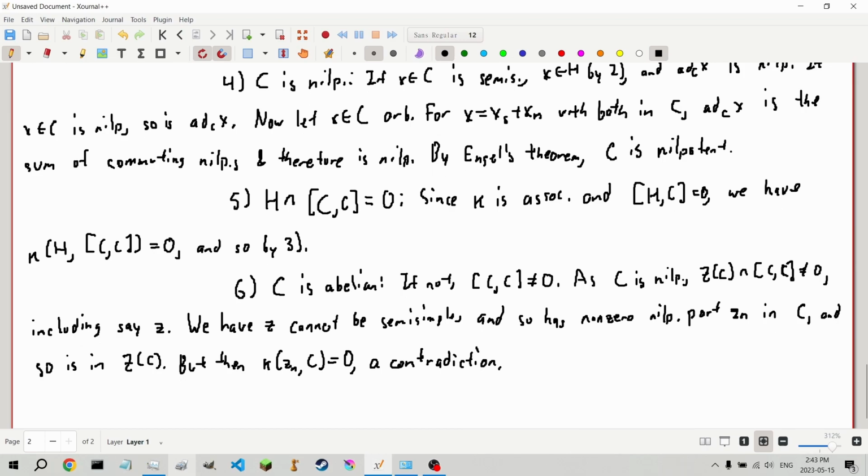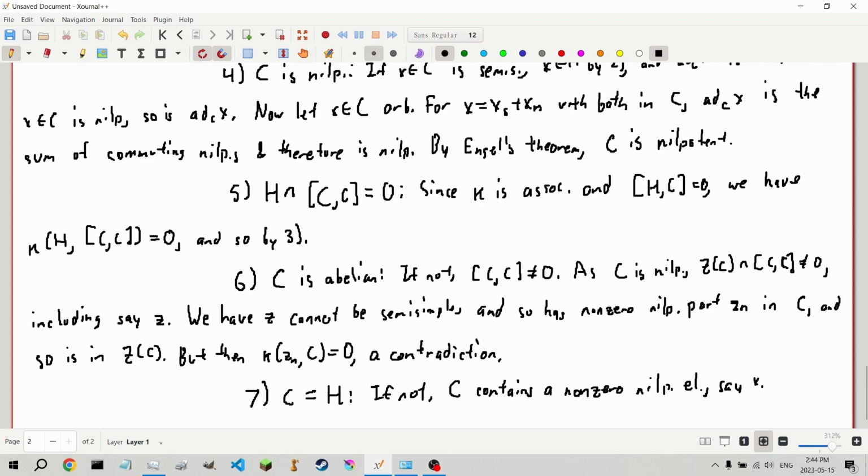And with all this, we get back down to our final part, which states that C is equal to H. If not, then C contains a non-zero nilpotent element, say X. That's by our first two parts.